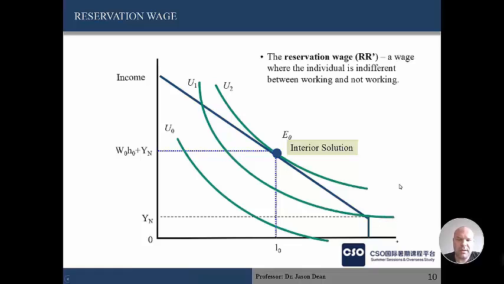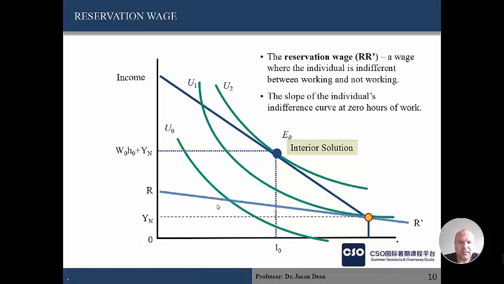So on the diagram, the reservation wage is going to be a line that's tangent to the indifference curve at this point. The slope of that line will be the wage, and that will be their reservation wage.